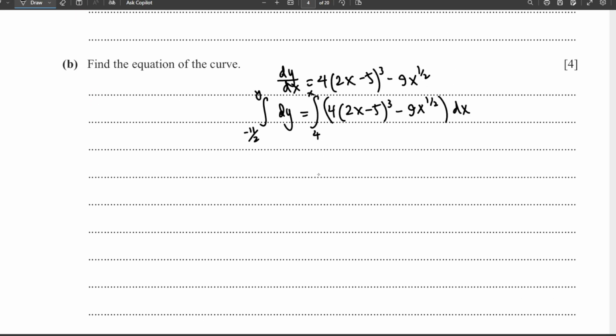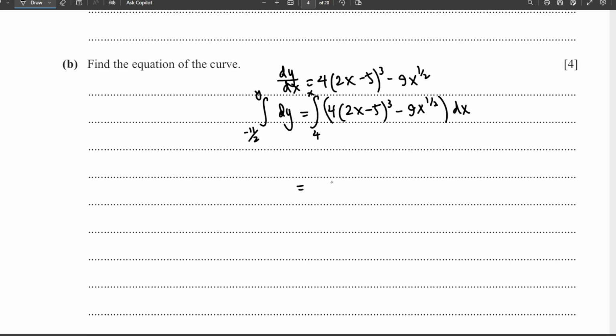So first of all, we'll just integrate this. If you recall, you can do the integration using substitution, or the shortcut method is to increase the power by 1 and divide by the derivative of whatever's inside.